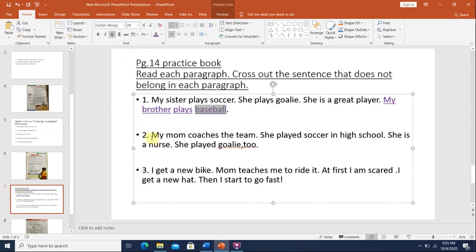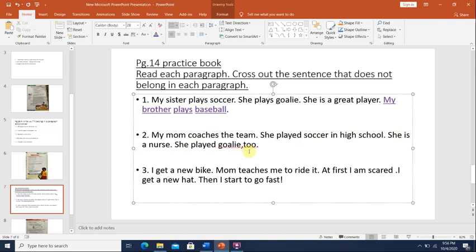Okay, number 2. My mom coaches the team. My mom is the coach. She's the one that practices with them and teaches the team. She played soccer in high school. So this is about mom, that she coaches the soccer team because she used to play soccer in high school. She is a nurse.